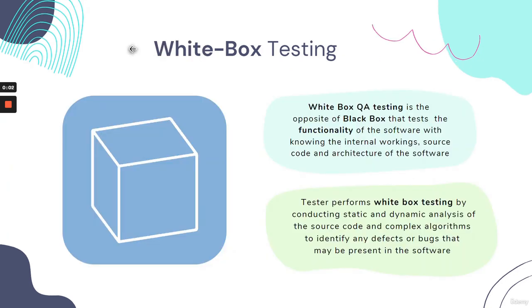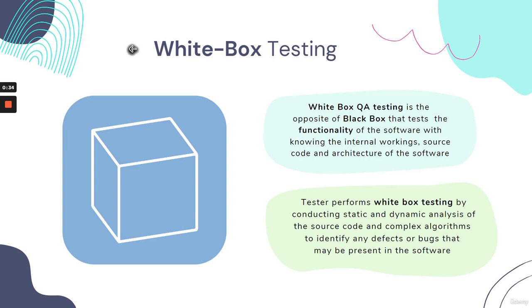Another very common technique or approach in manual testing is white box testing. White box testing is the exact opposite of black box testing, meaning that it does focus on the functionality of the software, but now with knowing the internal workings, meaning that the tester knows the source code and architecture of the software, how it's designed, and how it works.